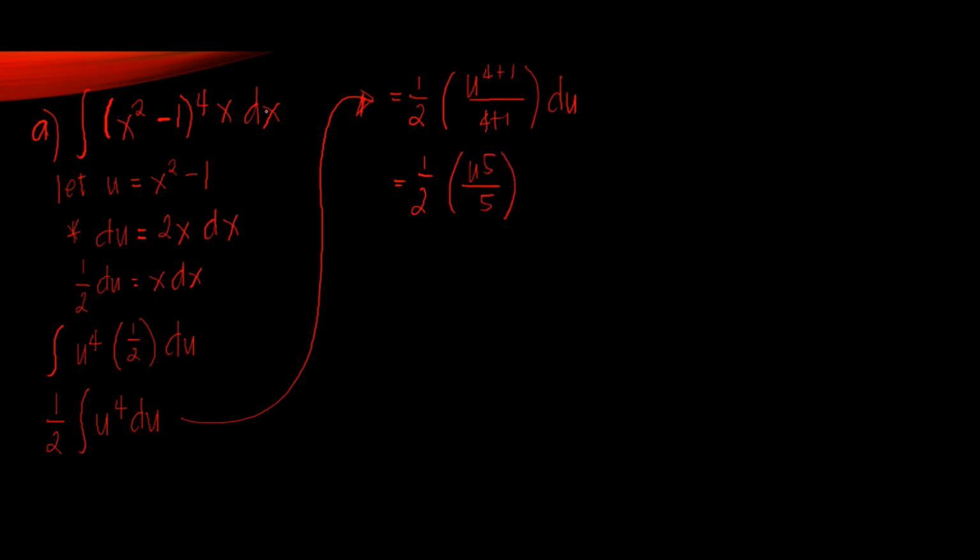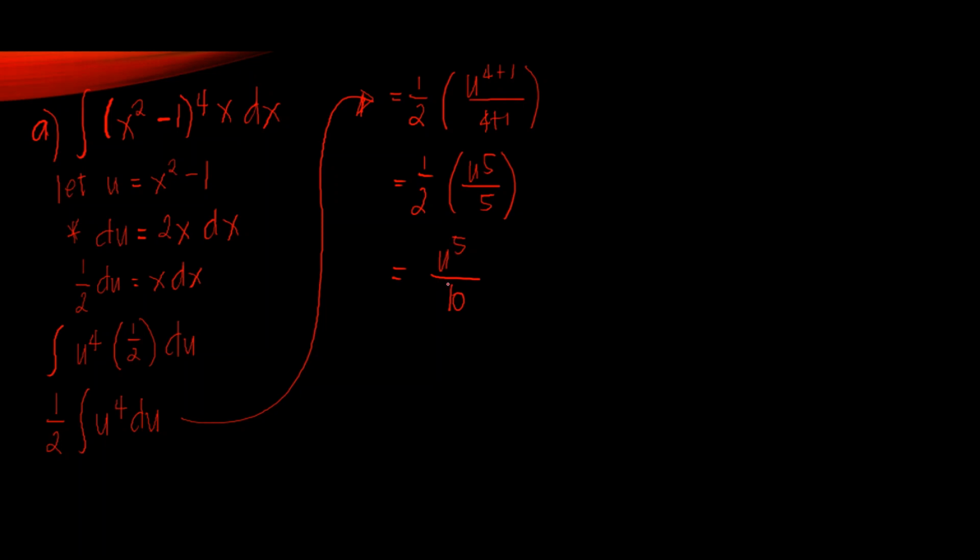Wala na pala yung du natin. Okay? Kasi nag-integrate na tayo. I'm so sorry for that. So, this will be equal to u raised to 5 over 10. But this is not yet our final answer, kasi yung original equation natin is expressed in terms of the variable x.